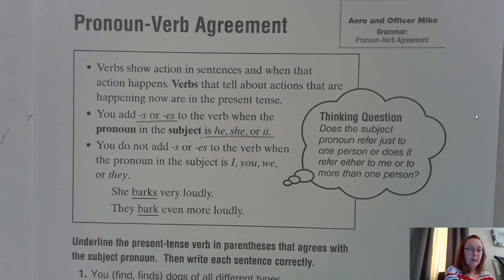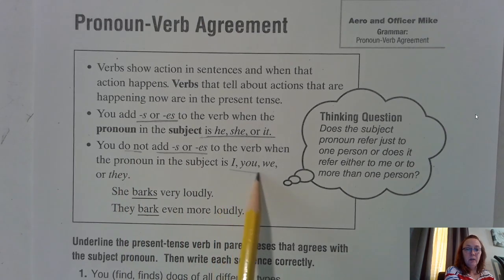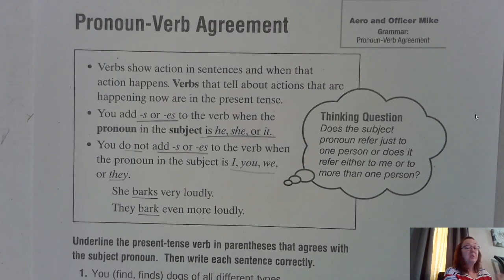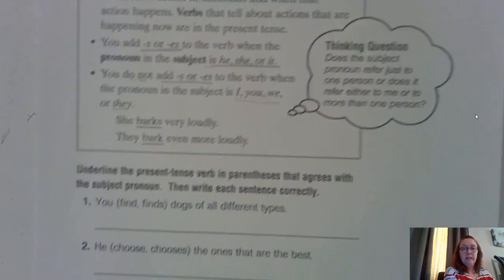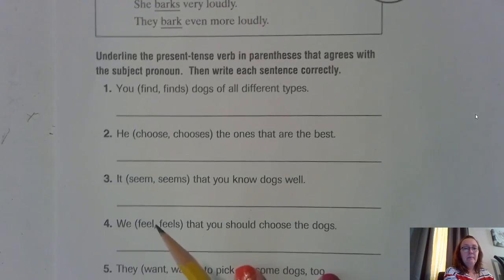She barks very loudly. They bark even more loudly. So here's my next one. I'm going to underline so I remember. We do not add S or ES if it's I, you, we, or they. So that one is just fine, just the way it is. Okay? All right. Let's scooch on down.